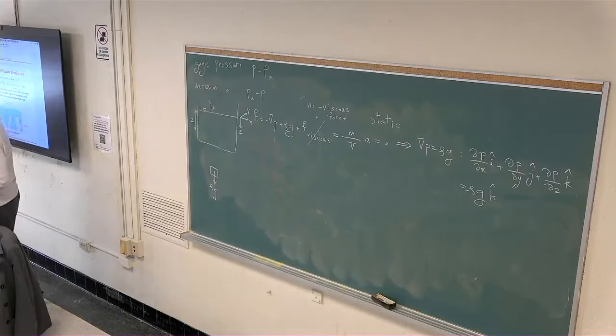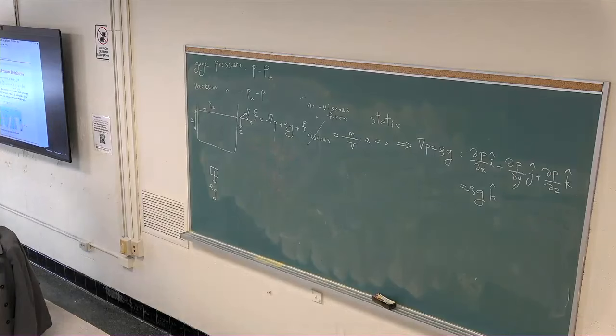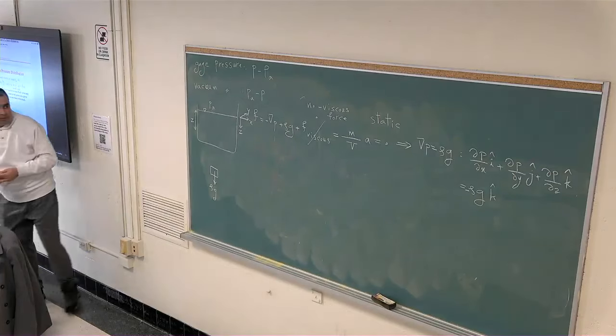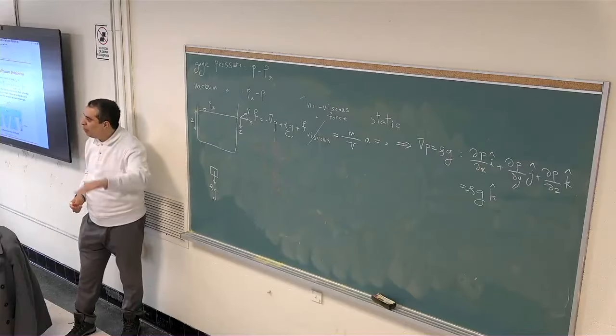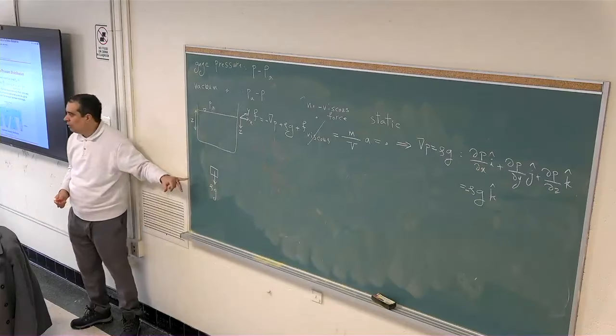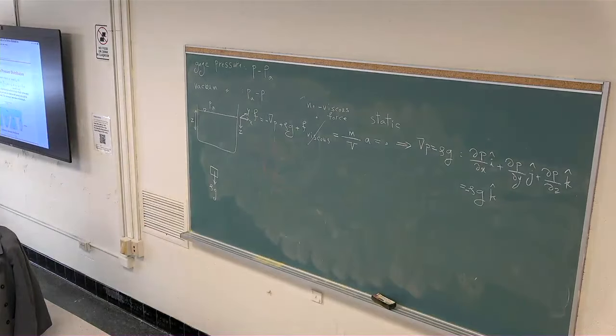I should tolerate only atmospheric pressure. But you should tolerate atmospheric pressure and the weight of the column of water above you divided by volume. mg divided by the volume is rho g.